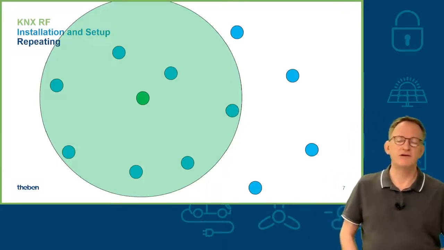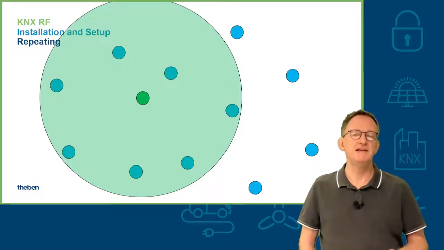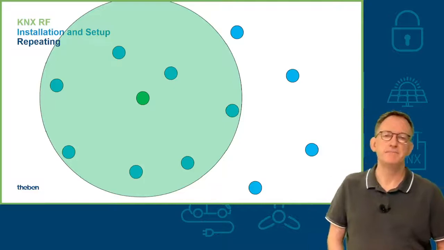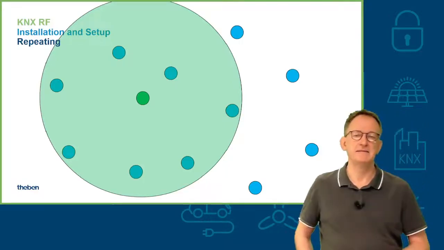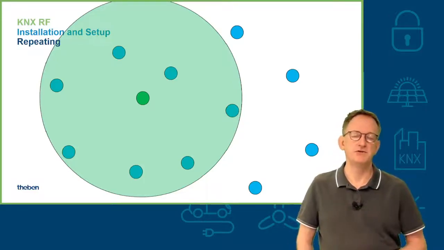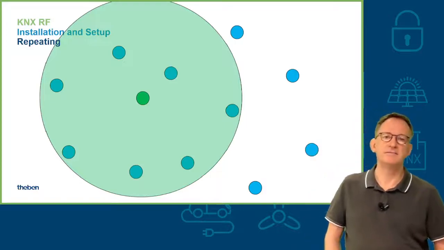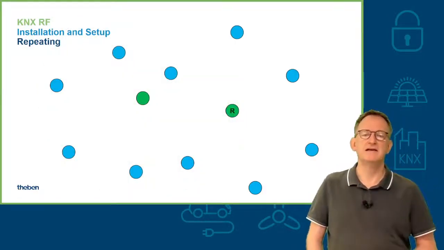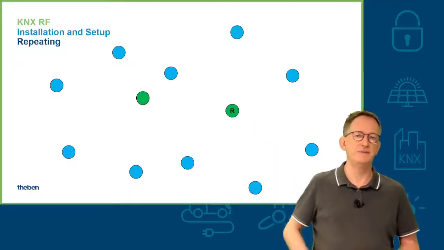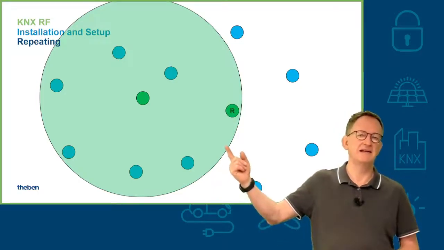Therefore we have a function implemented which is a repeating function, where one device can also act as a repeater and extend the distance between the media coupler and the devices. So for example, if we have a second device like this one as a repeater, then the media coupler will send a telegram to the repeater.